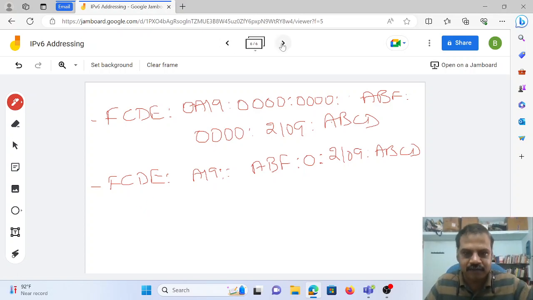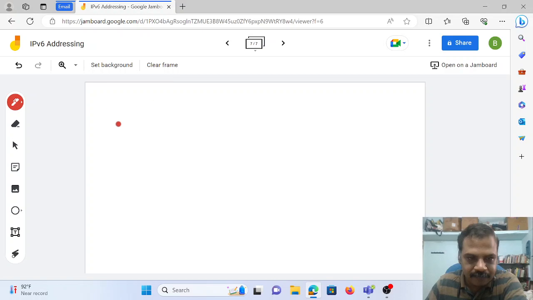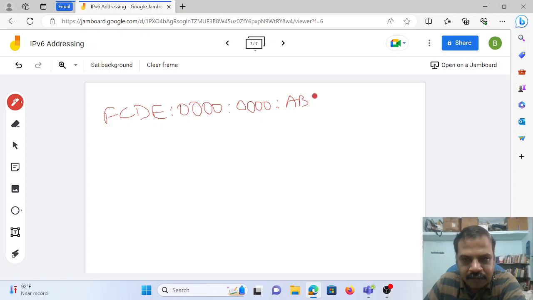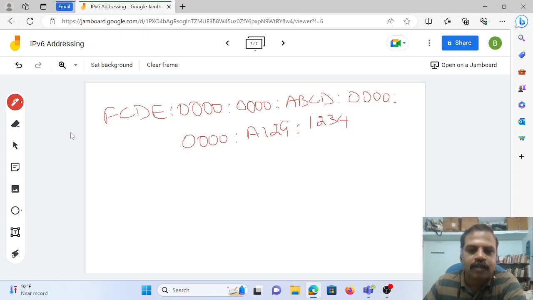For example, you can see here FCDE, 0000, then some number ABCD, then A129.